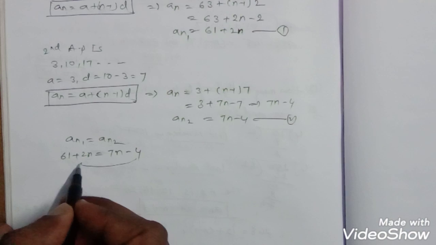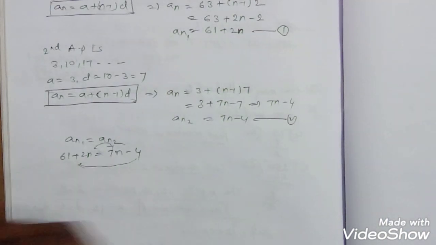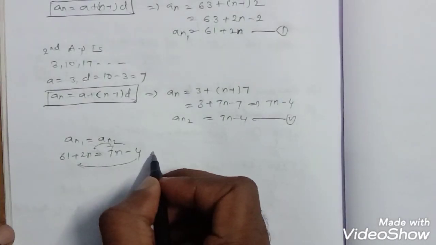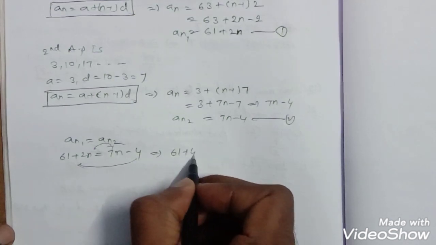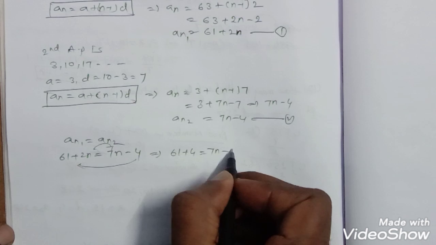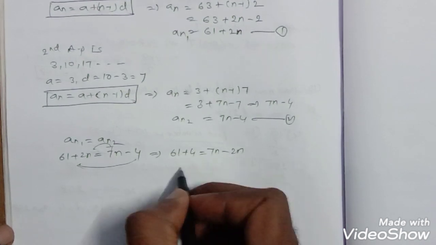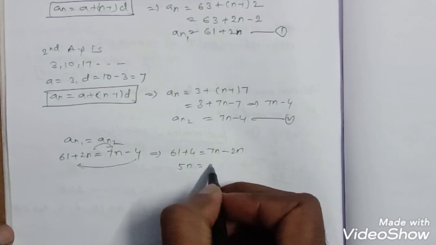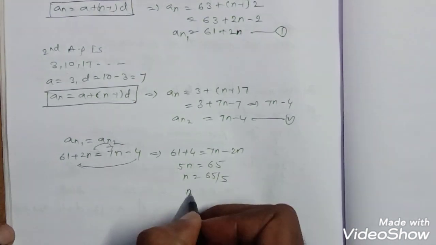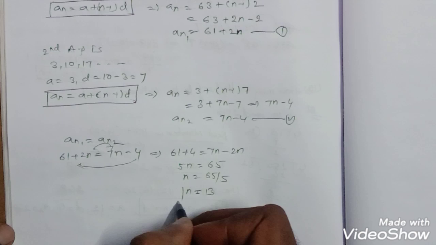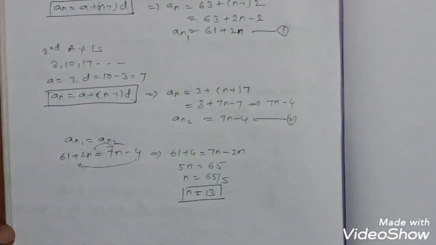So send this 4 to the left side and send 2n to the right side. So you will get here 61 plus 4 is equal to 7n minus 2n. Now here 7n minus 2n is 5n is equal to 65. So n is equal to 65 by 5. So n is equal to 13. So in the 13th term these two arithmetic progressions are equal.